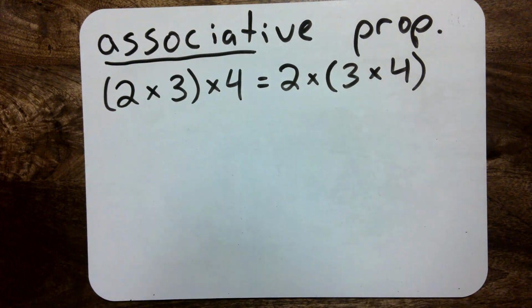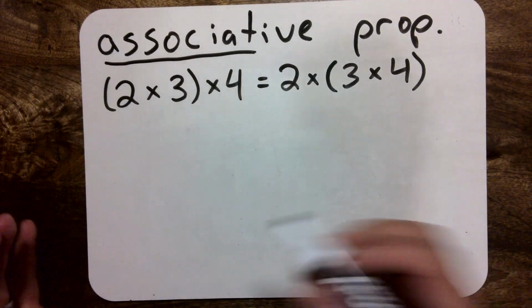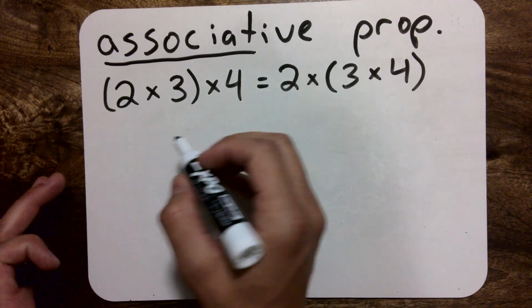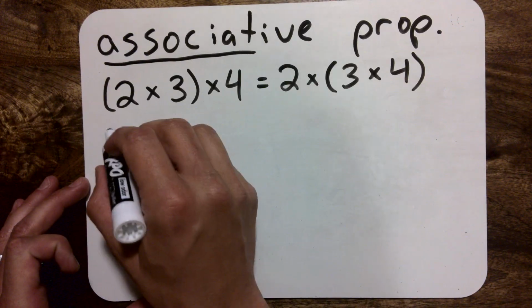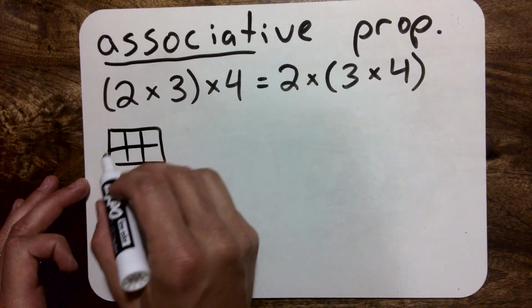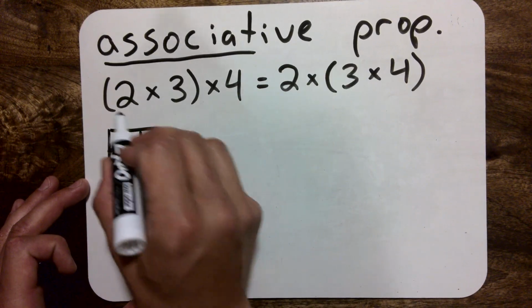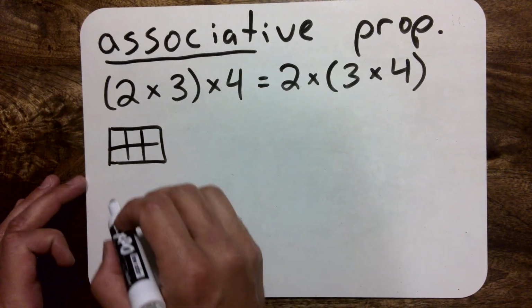For a representational model, that one's probably not going to be as commonly used, but I'll just do the drawing of the area models. And so we want 2 rows of 3. So this is one group of 2 rows of 3, and we want 4.